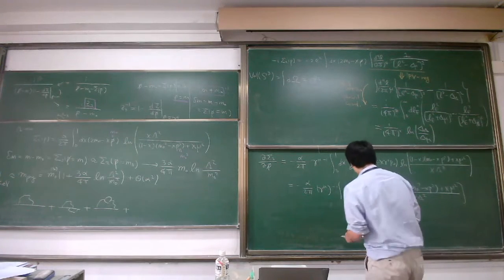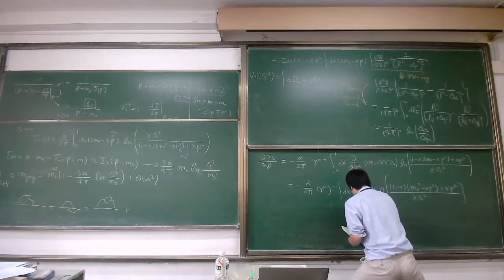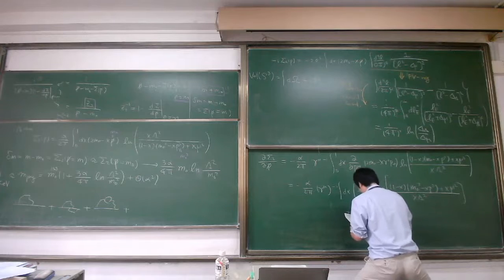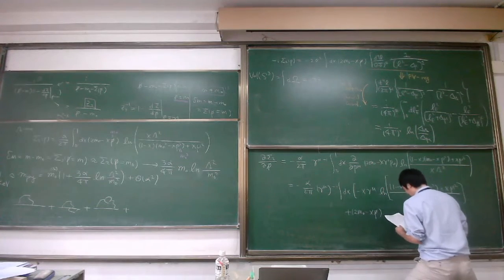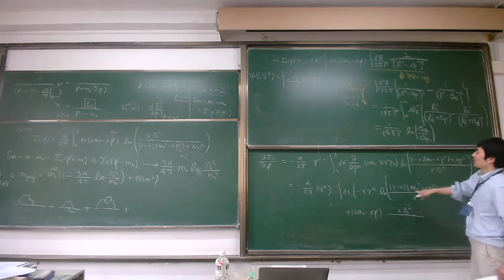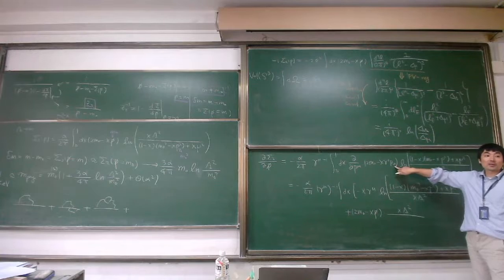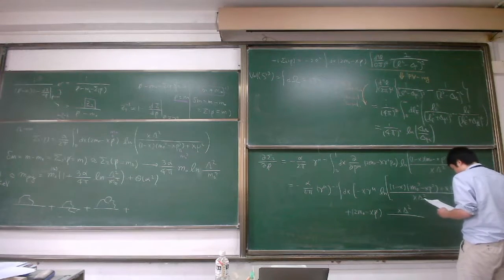So that's a kind of word of relief to you guys. The first one is just a derivative of this guy, and the second one is the second time derivative of this guy.